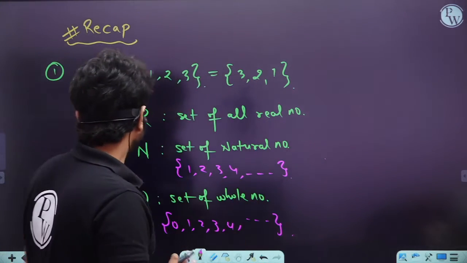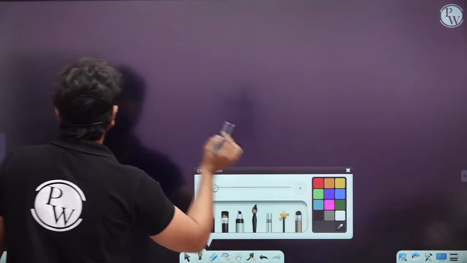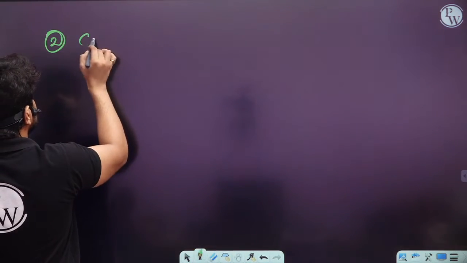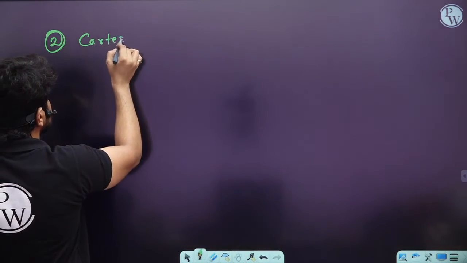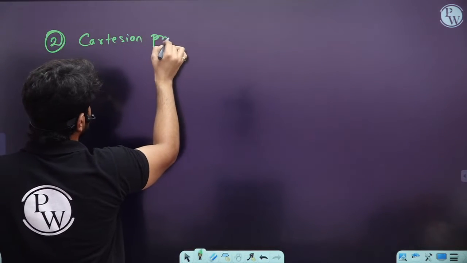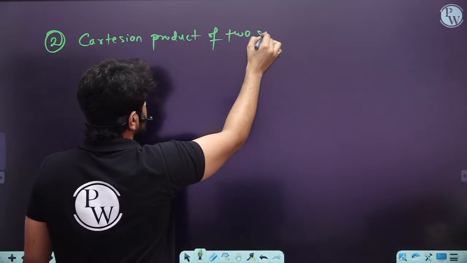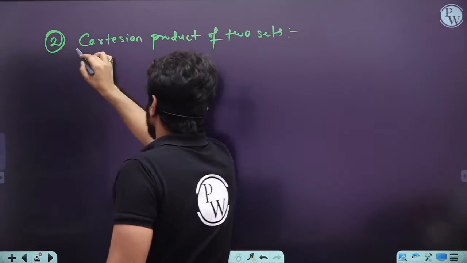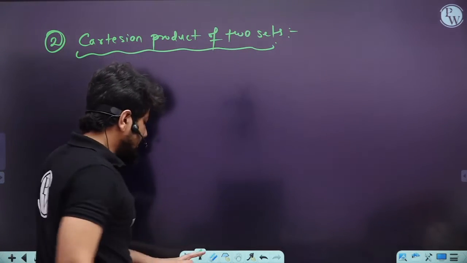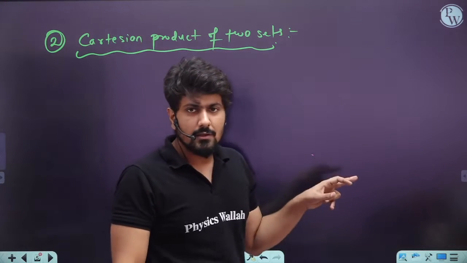Okay. Then we learn about Cartesian product of two set. The second thing that you need to know, this is just quick revision. Cartesian product of two sets. So we define Cartesian product of two sets like this, okay?